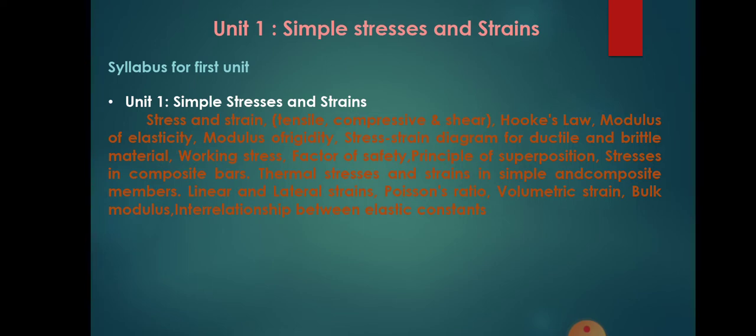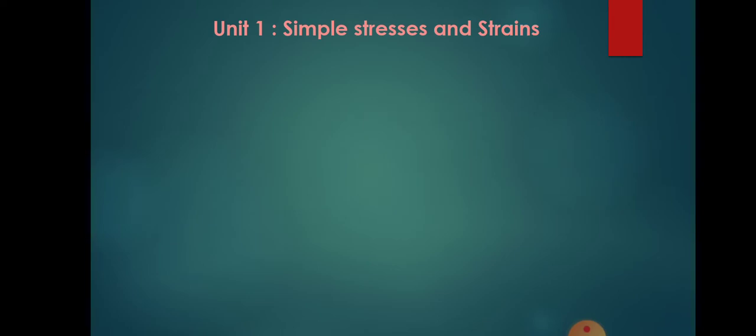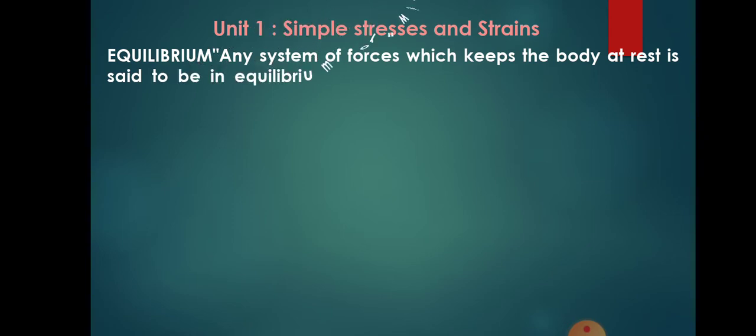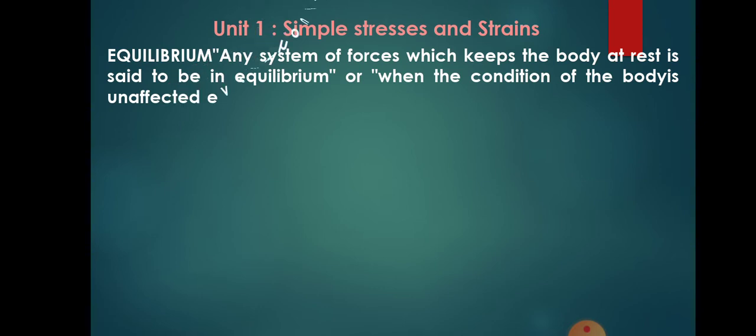Okay, the first topic. Before moving to the syllabus, we will see some basic definitions. That is, what is equilibrium of any system? A system of forces which keeps the body at rest is said to be in equilibrium.